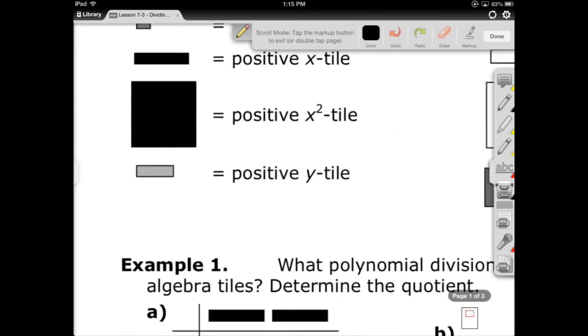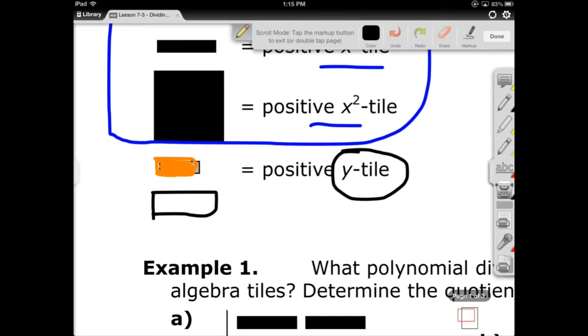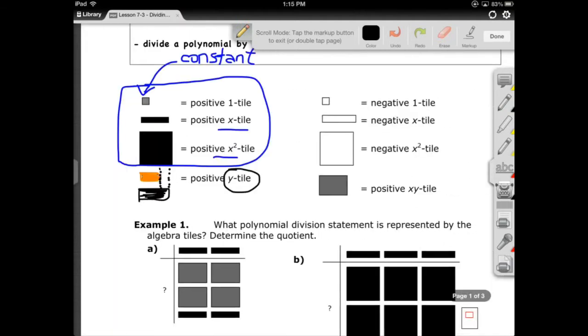And if you zoom in on it here, if this is one of our x tiles, the y tile is shorter by that much, and we intended for that to happen. When you use different variables, they don't have the same length. So this is a pretty smart way of showing you that the tile constructs that we make won't look the same. We won't be getting squares when we use y tiles. That is, unless we use other y tiles. But we'll come there soon enough.